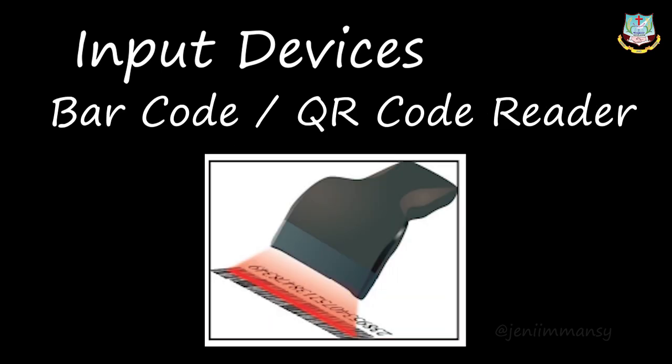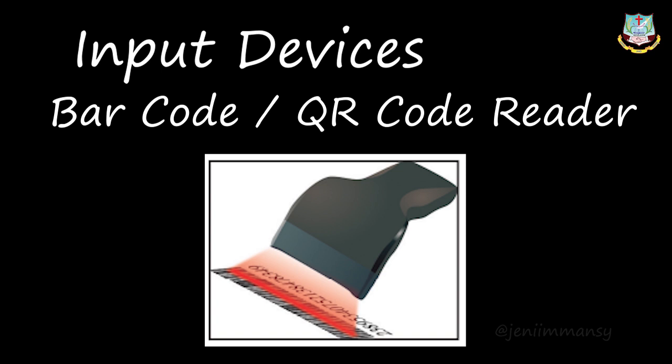Okay, and the next one is the barcode or QR code reader. In most supermarket billing sections you would have seen this barcode pattern of lines in most of the things which you buy nowadays. It will scan the code and give the information to the computer, right?